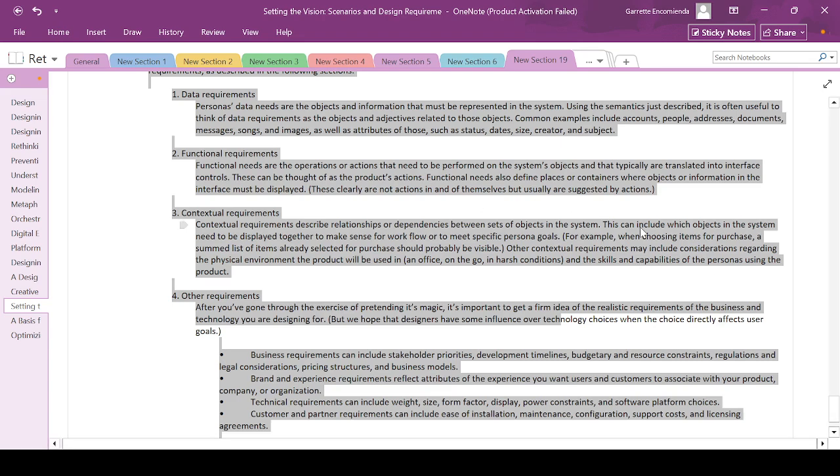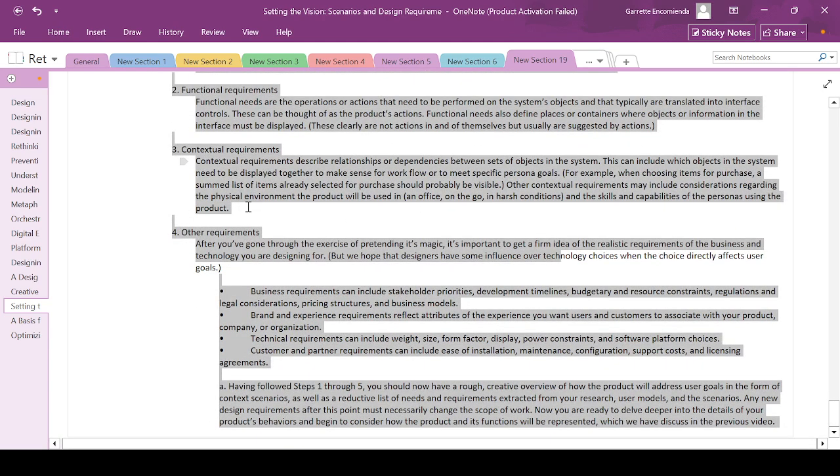For example, when choosing items for purchase, a sum list of items already selected for purchase should probably be visible, so you're aware of what you have selected on that marketplace.